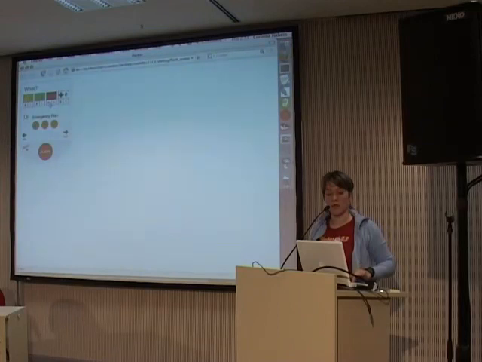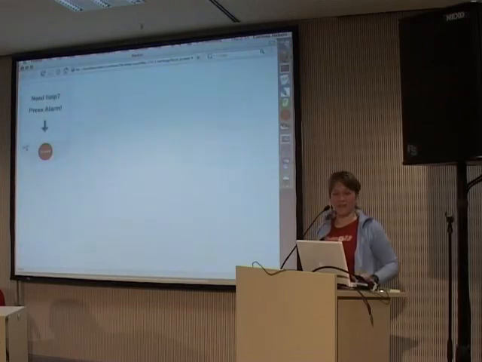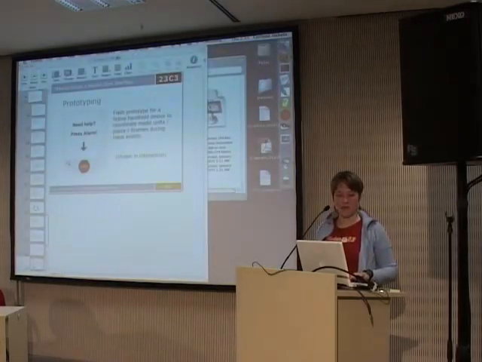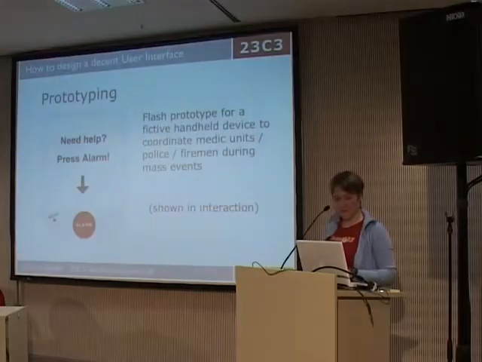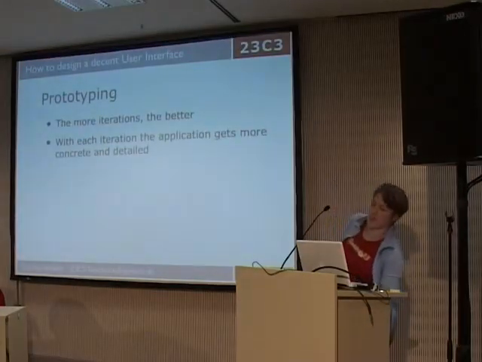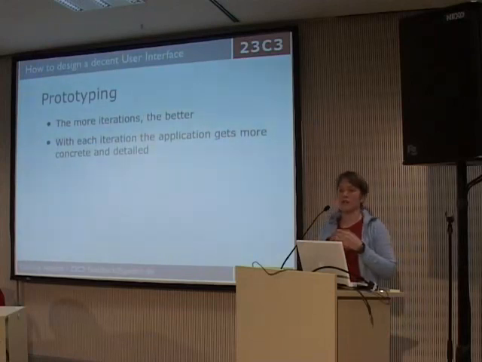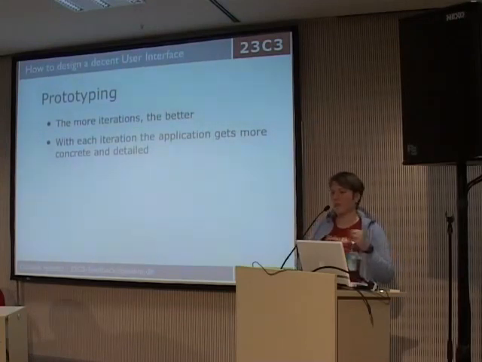You can order some units. So that's a very simple implementation. And the more iterations you can break your development into, the better it is. With each iteration, the application gets more and more concrete and more detailed.